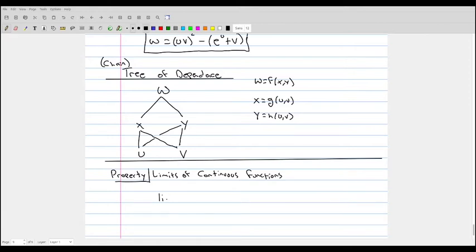If you take the limit of a composition like this, as (u,v) goes to (u naught, v naught), this is the composition f of g of (u,v), h of (u,v).